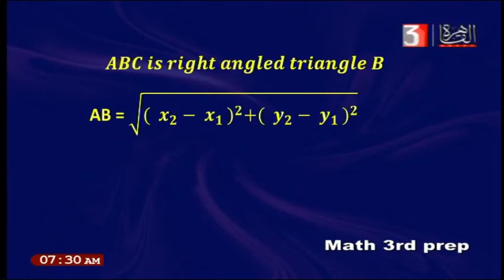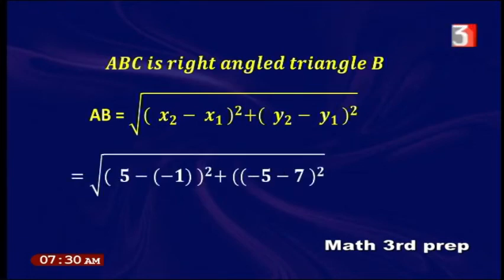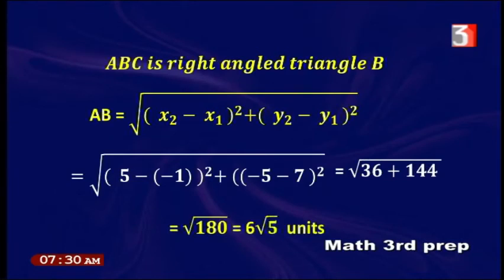By substituting, it is 5 minus negative 1 all to the power of 2 plus negative 5 minus 7 all to the power of 2, to obtain a result of square root 36 plus 144, which is equal to root 180, which gives 6 root 5 units. And this is the length of AB.